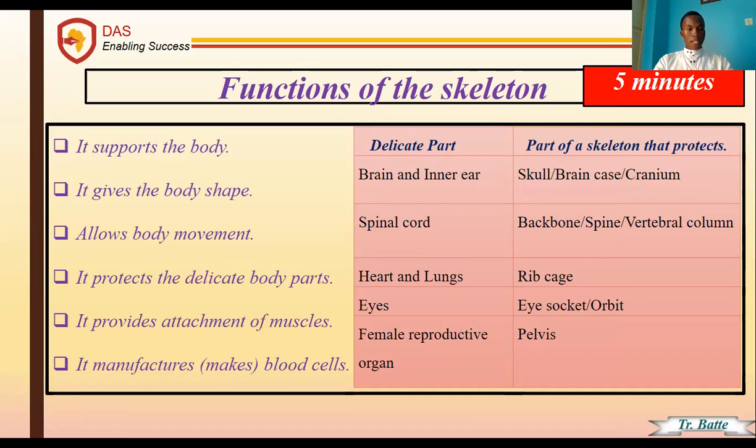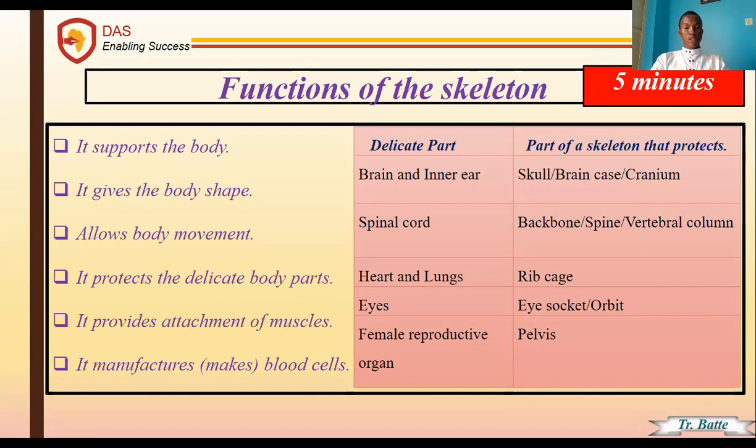We are saying it manufactures or makes blood cells. I taught you the functions of different blood cells. We know types of blood cells: we have red blood cells, white blood cells, and platelets. Some of these blood cells are made by the bones. For example, the red blood cells and the platelets are made by the bones.